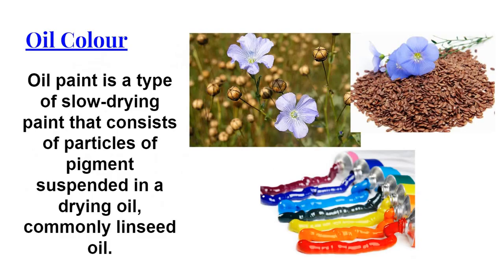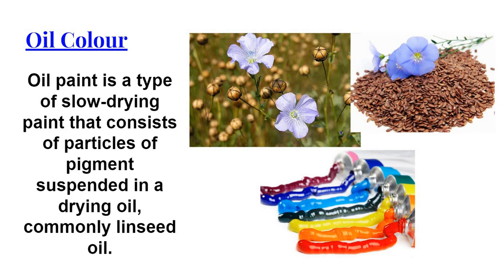Now let's focus first on the oil color. Oil paint is a type of slow drying paint. This is one of the most commonly used pigments before. It is made from linseed oil, just like here in the upper right image, that flower. We can take a linseed and get oil from there, which is used to make a pigment.